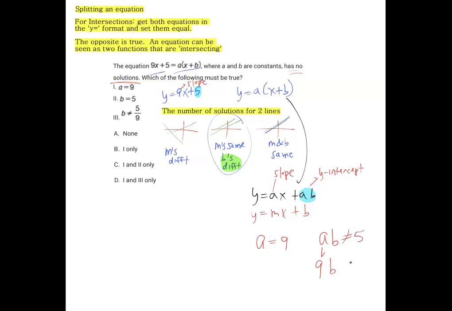So 9b cannot equal 5. And if we treat this non-equality here as an equation, we can divide both sides by 9. And we can say b cannot equal 5 over 9. And so we have our two answers. A has to be equal to 9, but b cannot be equal to 5 over 9. So that's 1 and 3, which is answer choice D here.